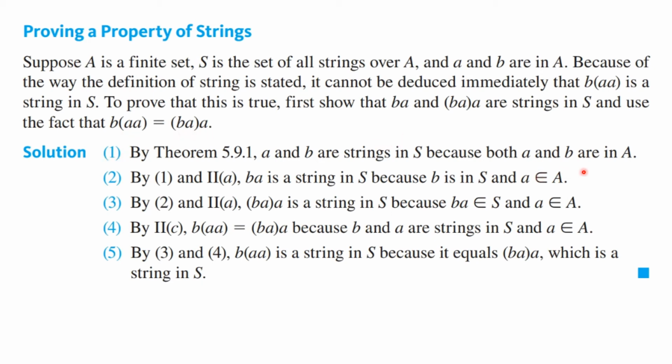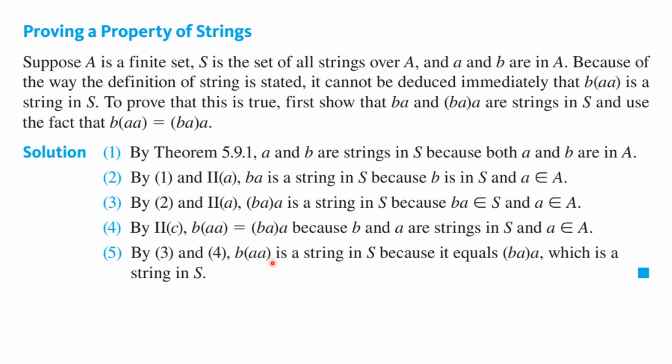Okay, so by our theorem, a and b are strings, because both a and b are in A. And we know that ba is a string because b is in S, and we're appending the a to the right-hand side. But then we can take this string and append an a to the right-hand side. But we have this associative property, so that means this is true.